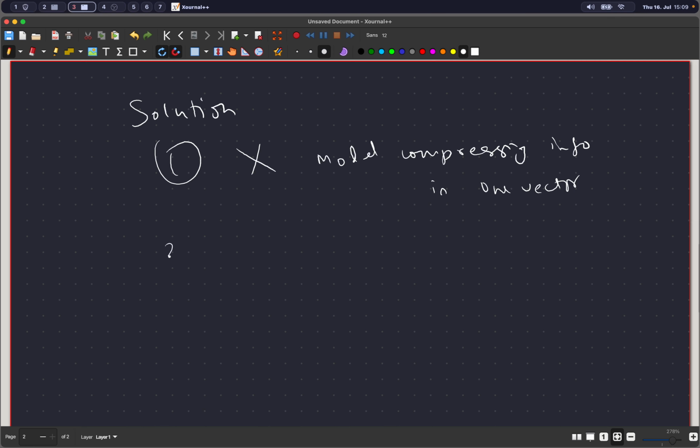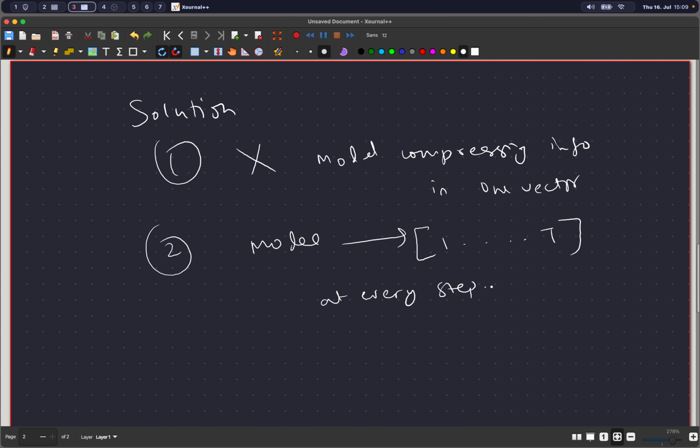Whereas attention asks a question: what if the model can look back at the entire input sequence at every step? So we have a model that can look back at the entire input sequence at every step. This will solve the issue that we have with RNNs, right?